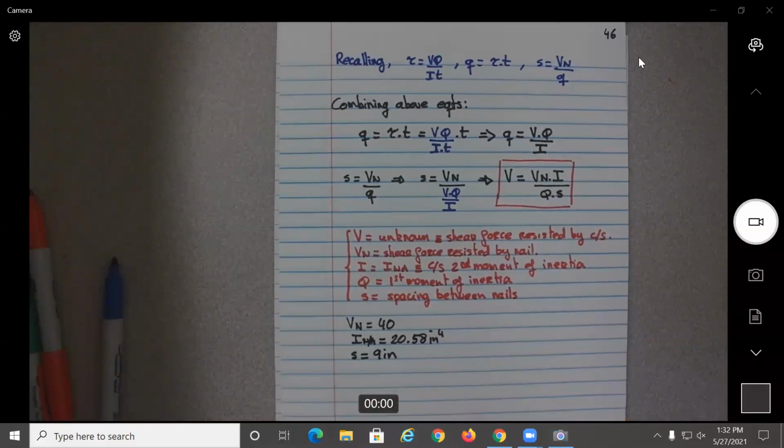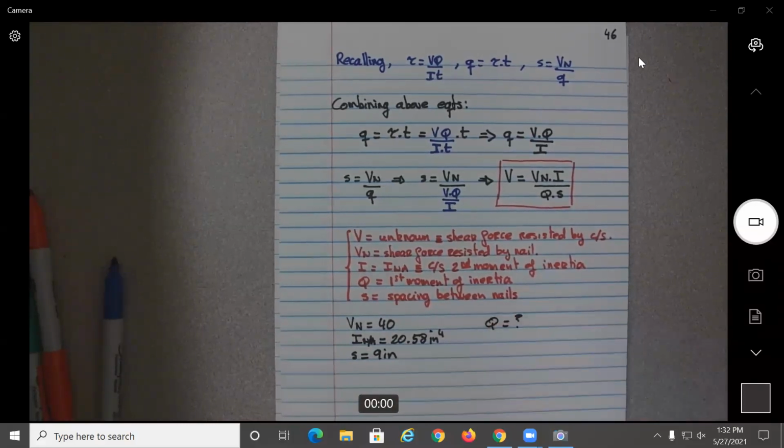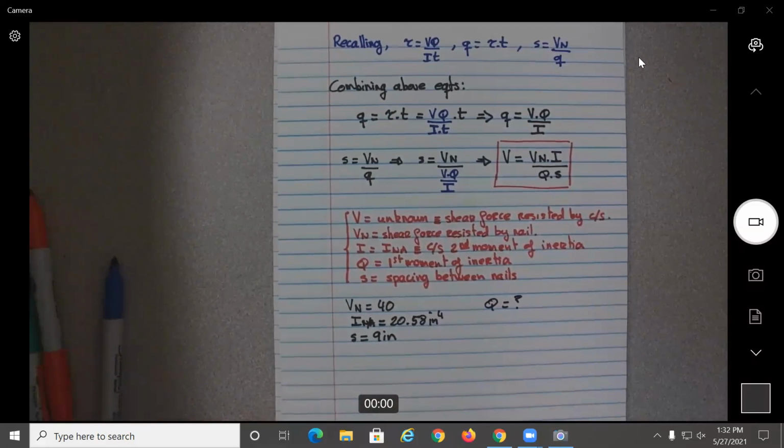So in order to find V, what do we need to find? Q, all right? And Q is always a problem. All right, so let me go to the next page in order to find Q.